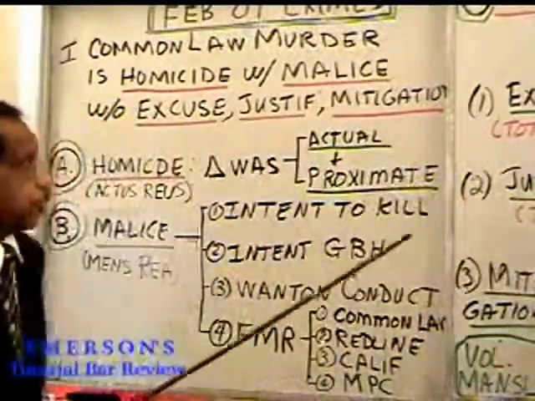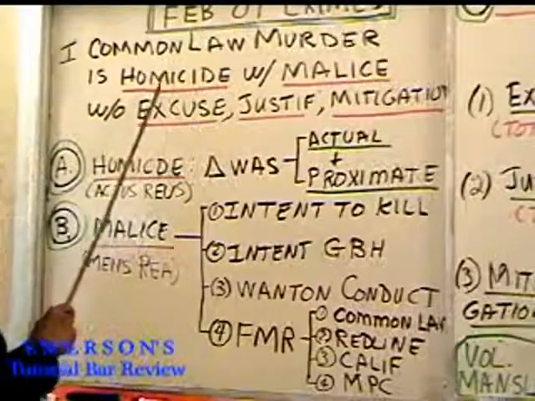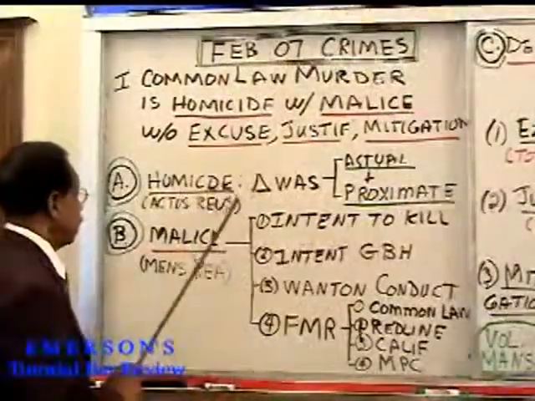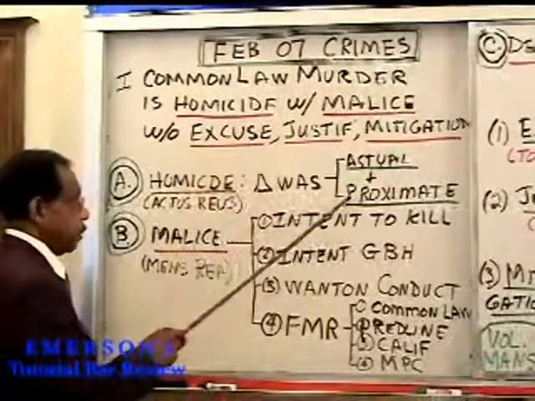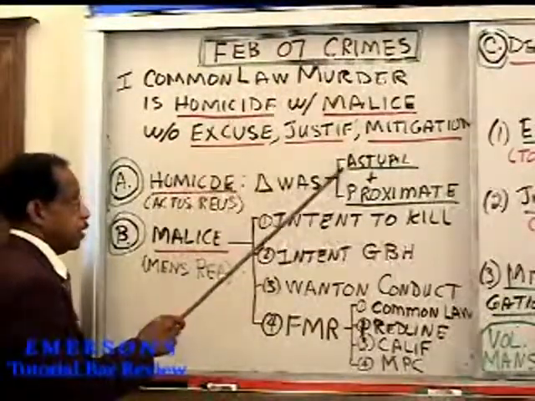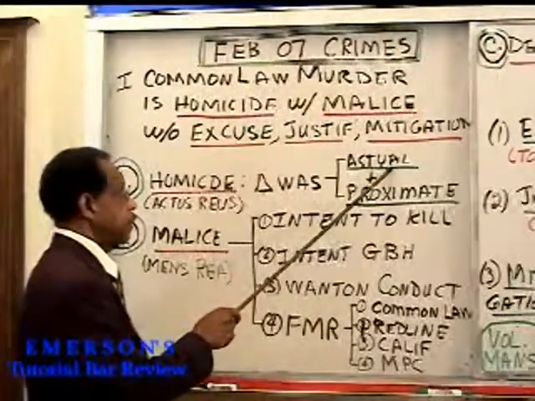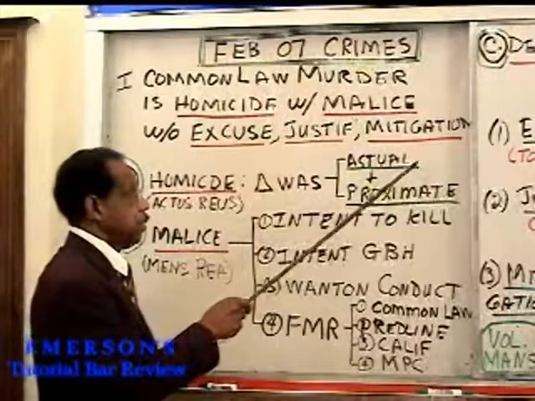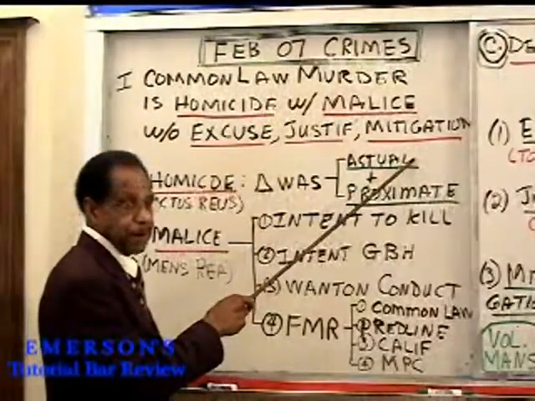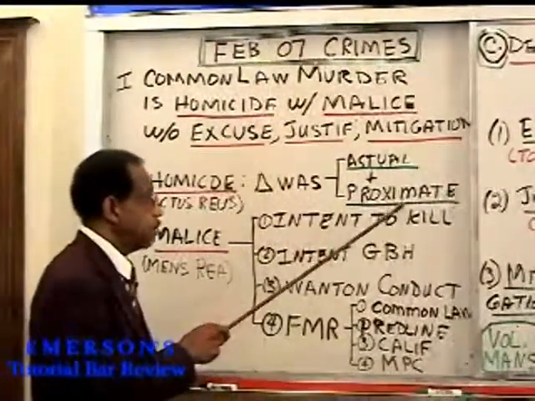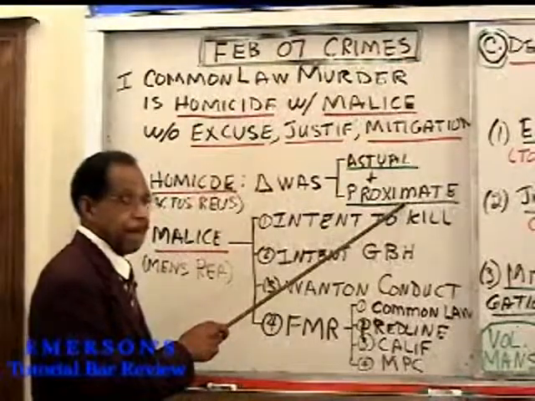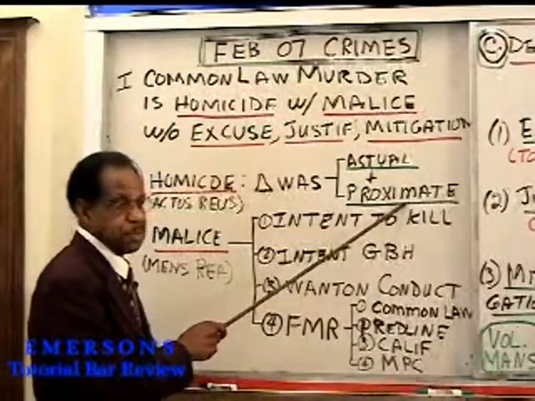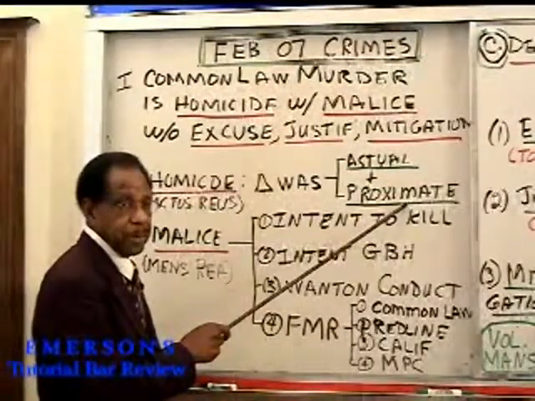So let's look at this in a little bit more detail then. We understand a common law murder is homicide with malice. We understand the homicide, actual and proximate cause. Actual cause means but for the defendant's conduct, the harm would not have occurred. So the actual cause is the but for or substantial factor test. The proximate cause is asking, has the defendant's liability been terminated because of some bizarre thing that happened along the way?